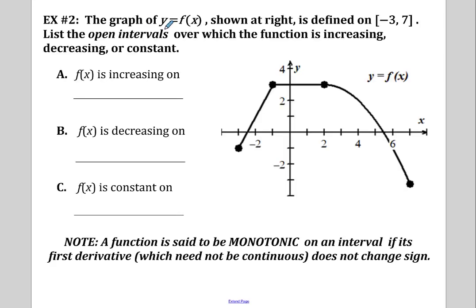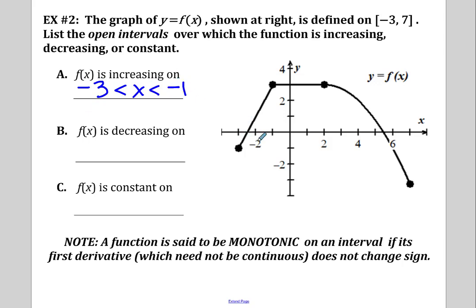Here in example 2, we have the graph of a function. It's a piecewise function, and it's defined on -3 to 7. And we want to list the open intervals over which the function is increasing, decreasing, or constant. So the function is increasing on the interval from -3 to -1.